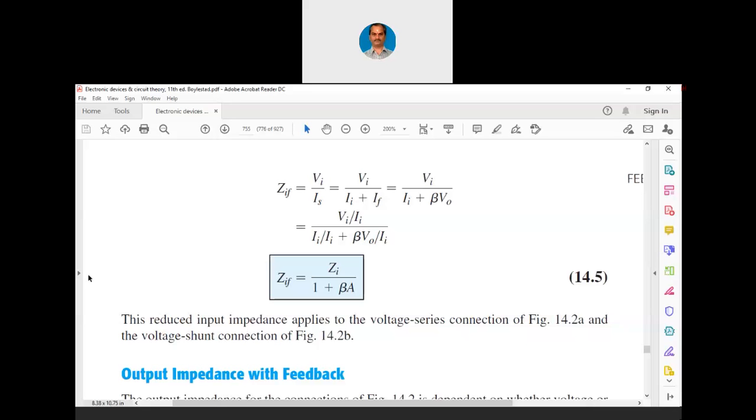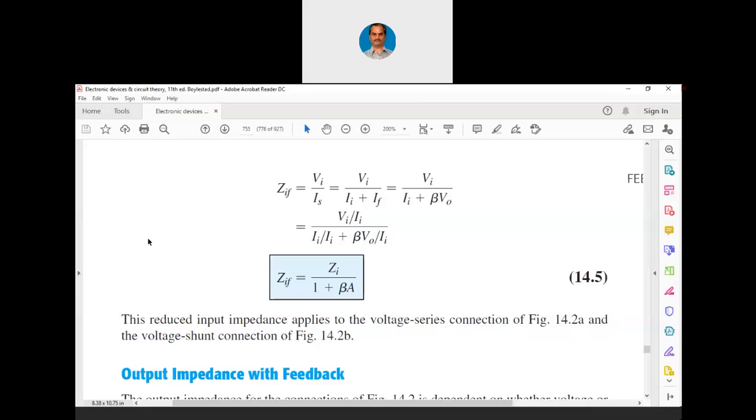Okay. So you can see now we have 4 types of connections: voltage series, voltage shunt, current series, current shunt. In all these 4 types, we will have different variations of input impedance as well as output impedance. Whereas the expression for the closed loop gain is going to be the same. AF will always remain A by 1 plus A beta. But ZIF will increase in 2 cases and reduce in 2 cases.